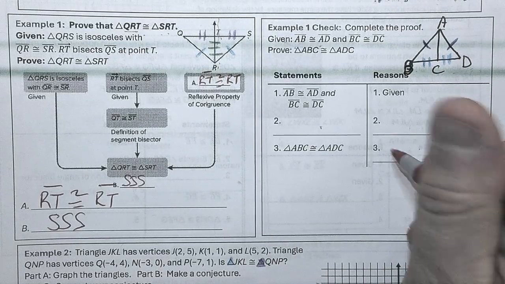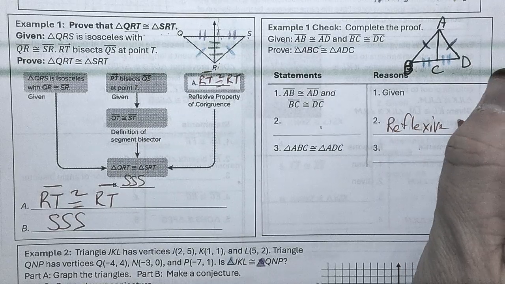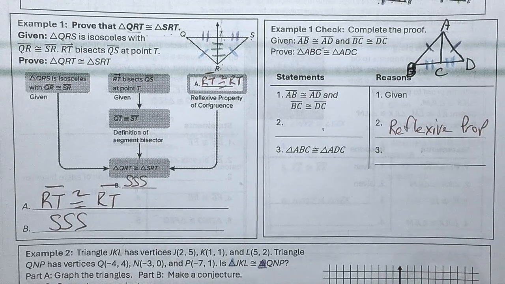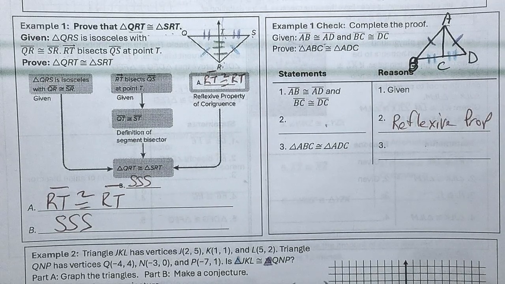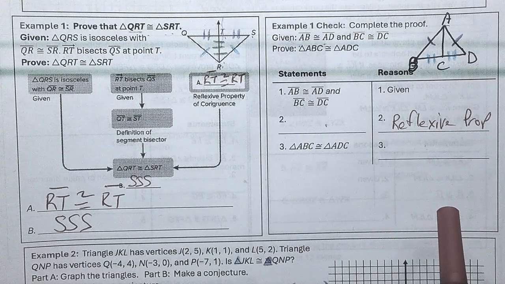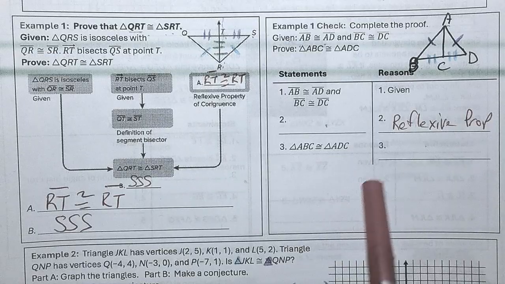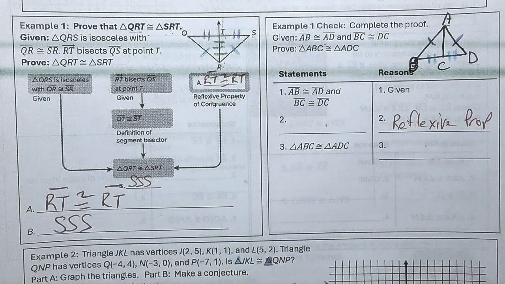Your blanks here, we'll fill this in. Your reason is reflexive. So I hope with the information you have here, you can figure out what you're using the reflexive property to prove. And then for the two triangles, how are they congruent? We already have two sides. So there you go.